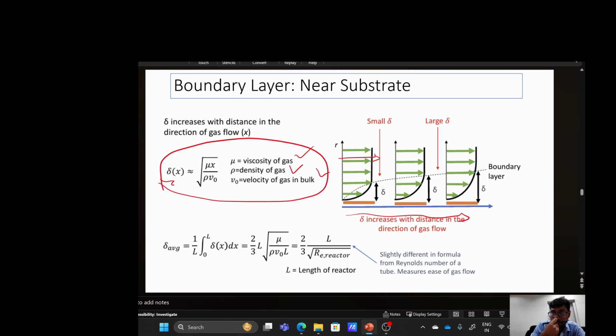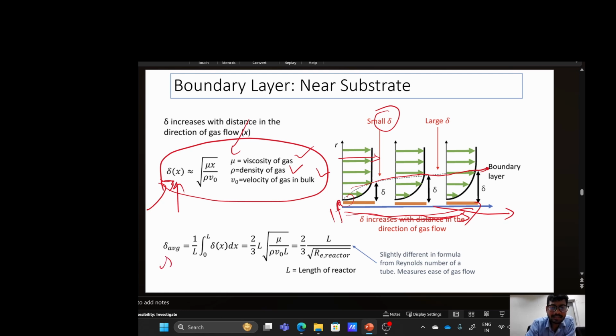Initially, at the initial part of the chamber, the boundary layer thickness is lesser, and with x, as we go from the initial part with distance, the stagnant layer thickness is increasing, which is captured by this formula. With x it is increasing. It depends on this one.